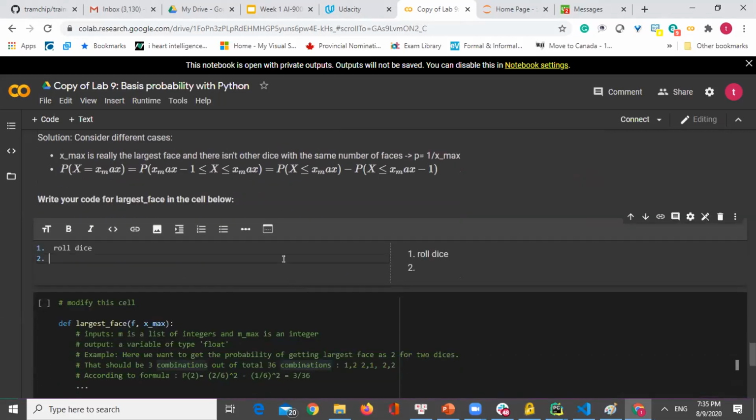So the first step I roll dice, and the second step we have a list of numbers. No, you regard the list of numbers since the beginning. Oh, okay. So we roll dice to get the number. If you want, regard the list of dice since the beginning. Okay.